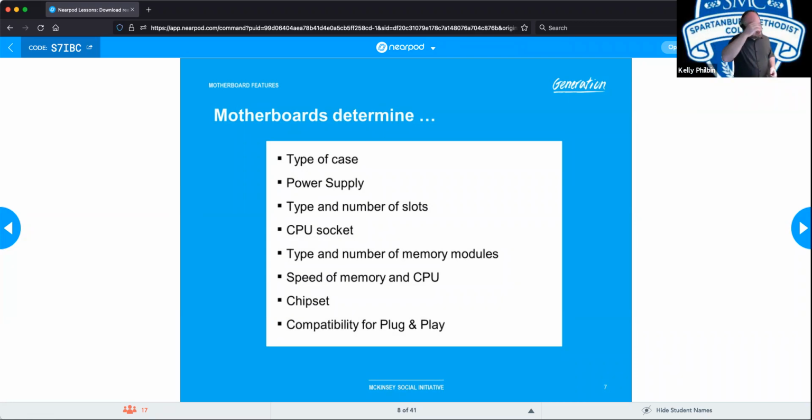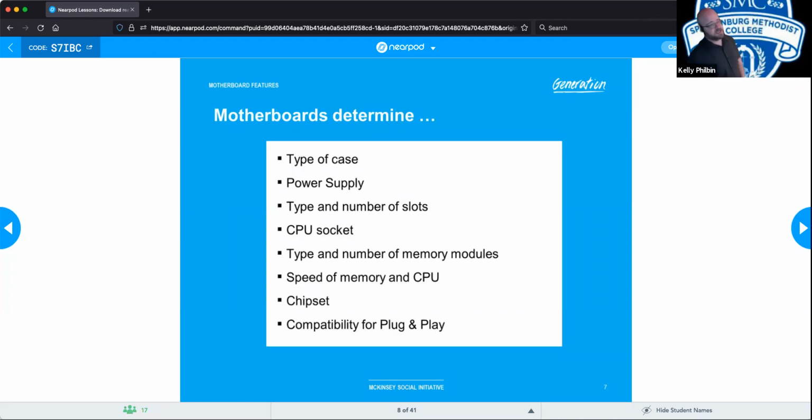The number of memory modules or RAM you can add can vary pretty drastically depending on the type of motherboard you use. The speed of memory and CPU. The chipsets, and by chipsets we're talking about the North Bridge and the South Bridge, how that is incorporated. The speed at which those can communicate with the CPU is all determined by the motherboard.